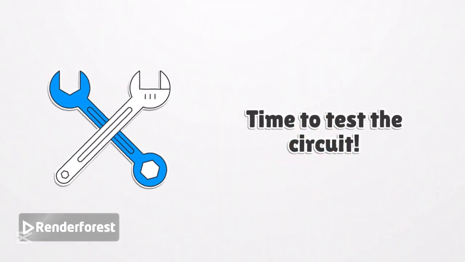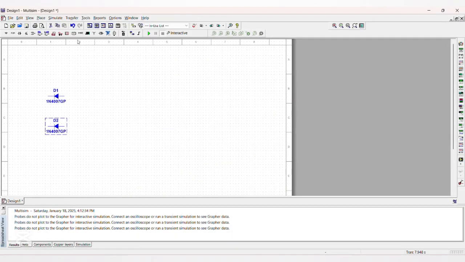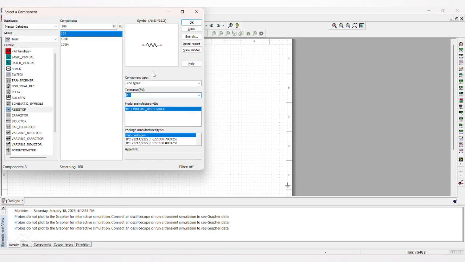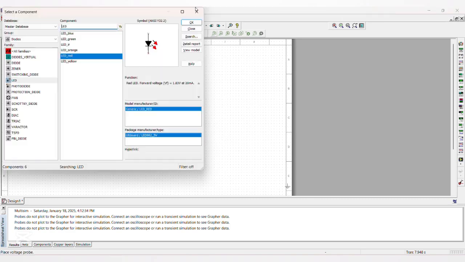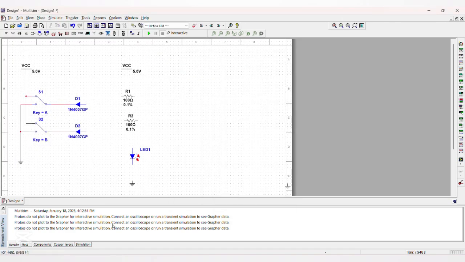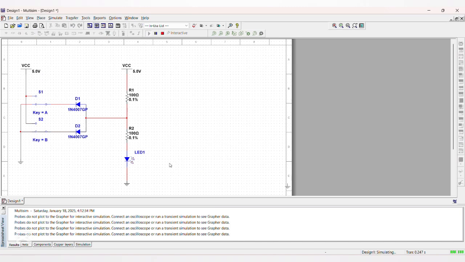Time to test the circuit. We can see through this simulation in Multisim that when the input is 0, the output is 0.